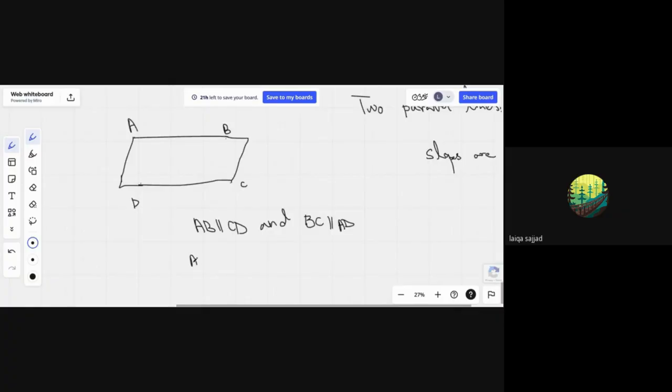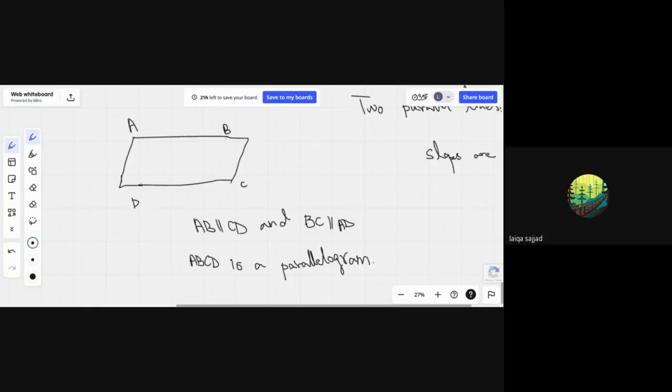So whenever we have opposite sides that are parallel to each other, we say that the quadrilateral ABCD is a parallelogram. You can even draw it to verify.